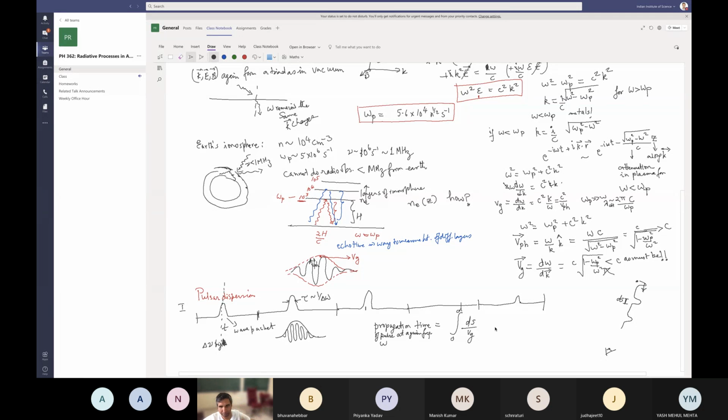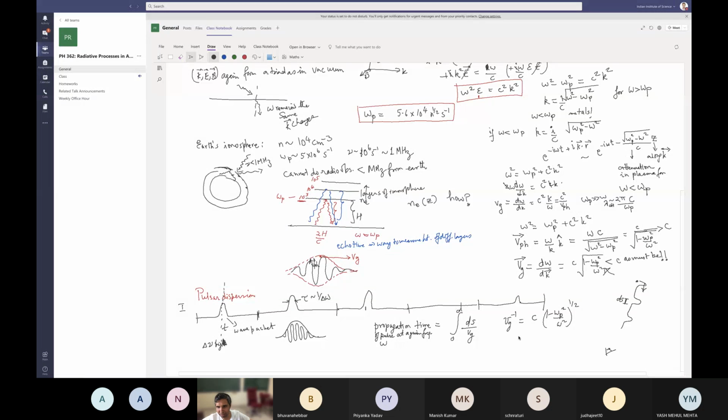Let's see, what is Vg inverse? That's what we need. We are considering 1D propagation, so the vector signs don't mean much. Vg is equal to c times (1 minus omega p squared by omega squared) to the power of a half.